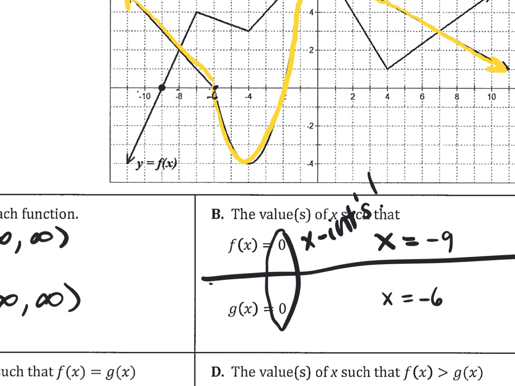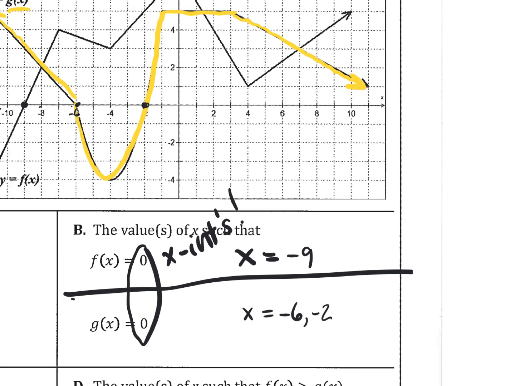Is that the only place? Where else? Crosses here, doesn't it? Where else does it cross? Crosses somewhere else, doesn't it? So at 11, 12, so it's going here. And now it's going to keep on going, isn't it?